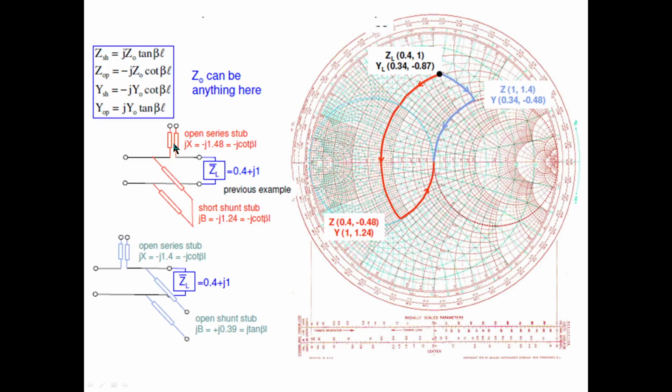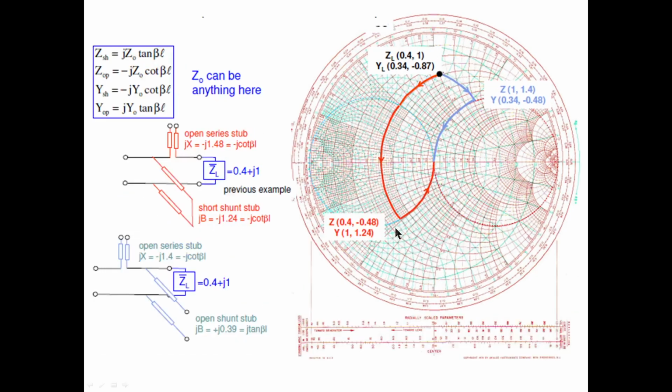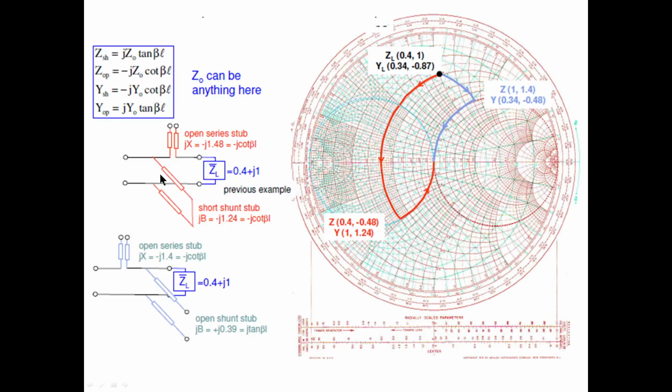Okay, that's this stub. Similarly, this inductor is moving from here to here. We will find the B value. To get that particular value of B, what is the length of this stub? That's all. This inductor is implemented like this.